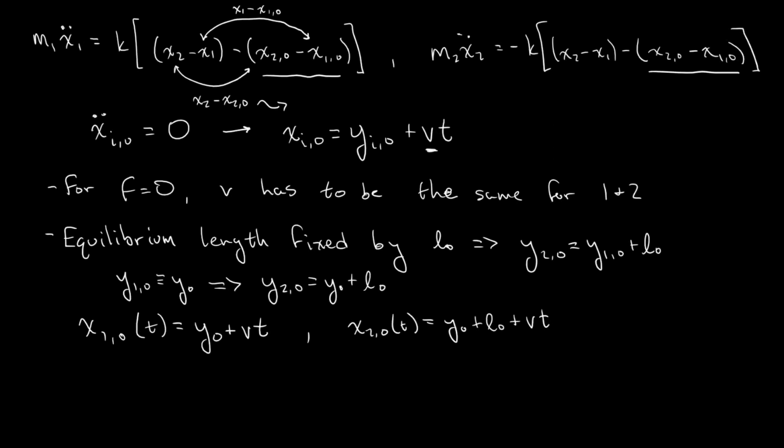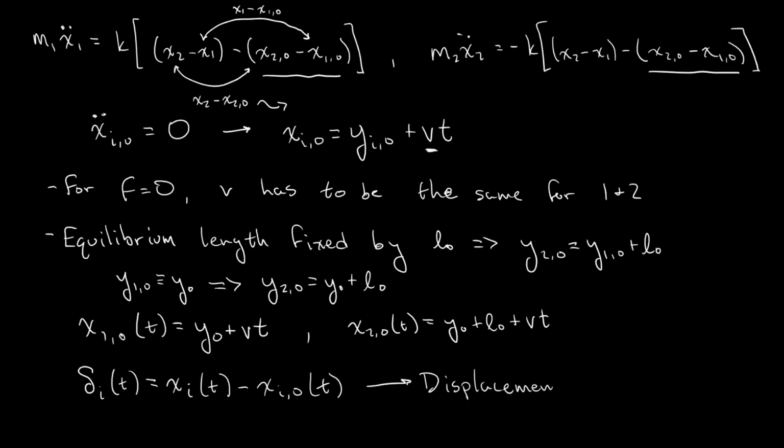So I'm just going to define some delta_i(t), which is equal to x_i minus x_i0, and these are functions of time, where this is the displacement of mass i.